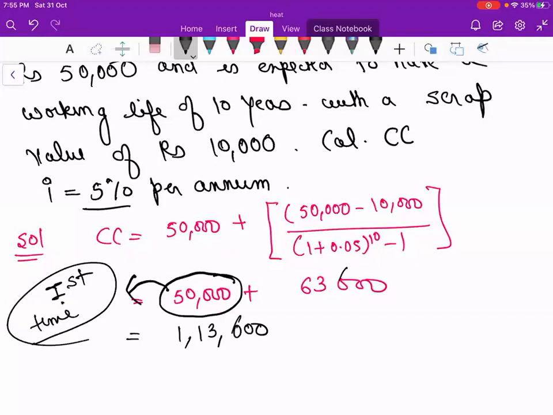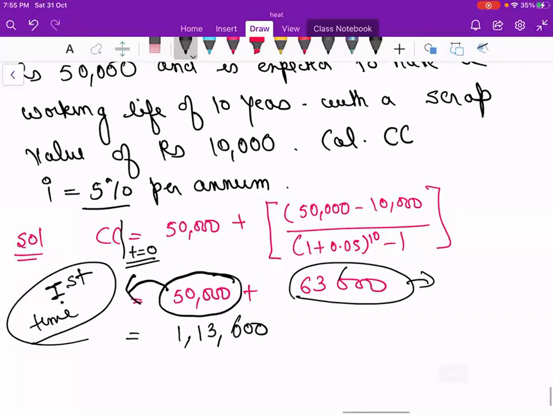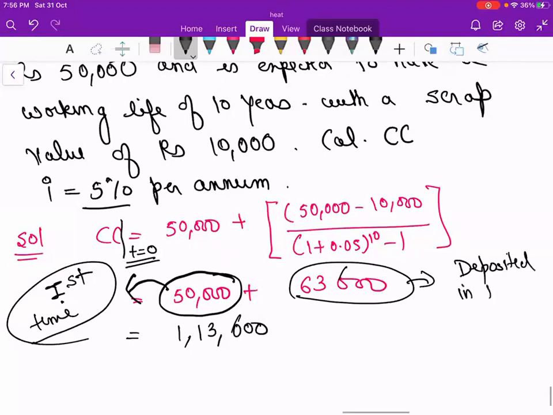This 63,600 rupees is deposited in the bank at time t equals 0, so that after 10 years I get the money for purchasing the equipment.